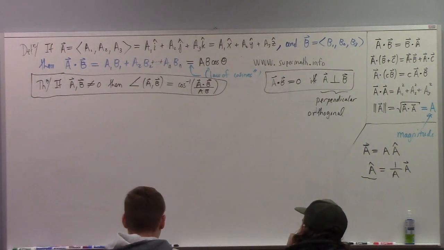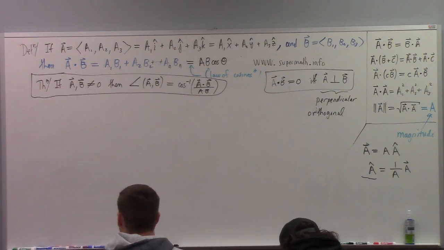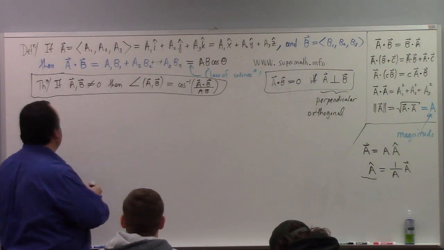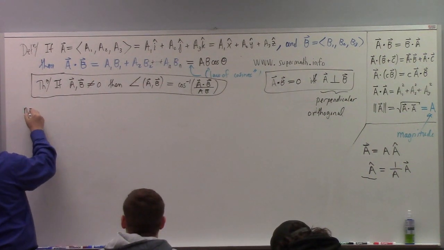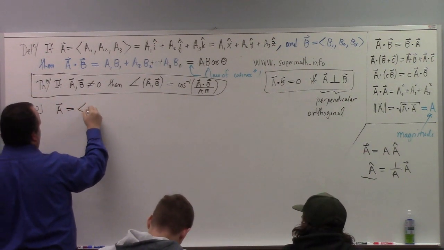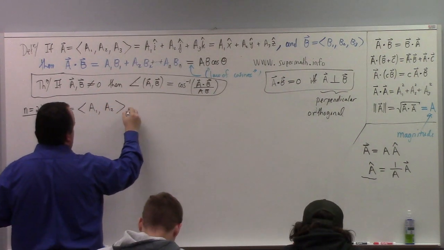So let's talk about 2-dimensional vectors and the issue of direction vectors there. If I'm talking about 2 dimensions, then I can write A is equal to, I might use A1 and A2 if you like. So a 2-dimensional vector.